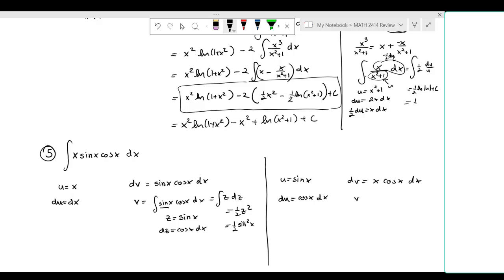Okay. So then we have all our parts. We have u times v minus the antiderivative of v du.